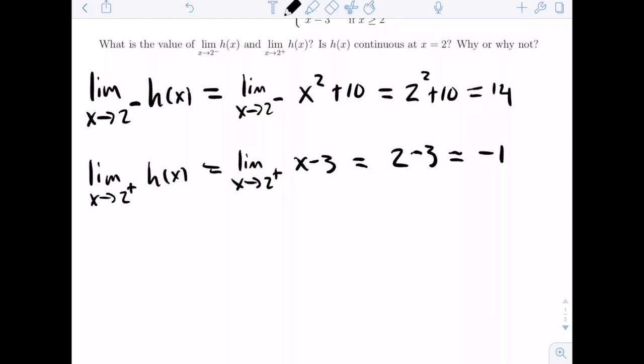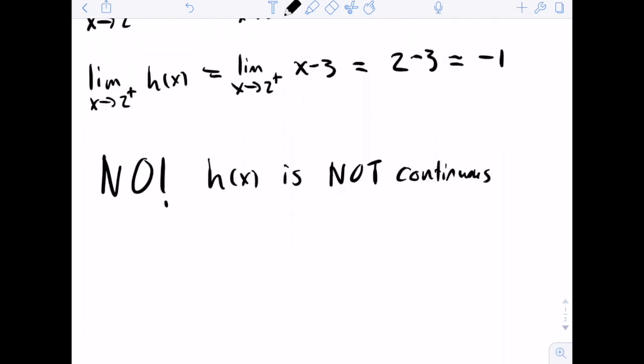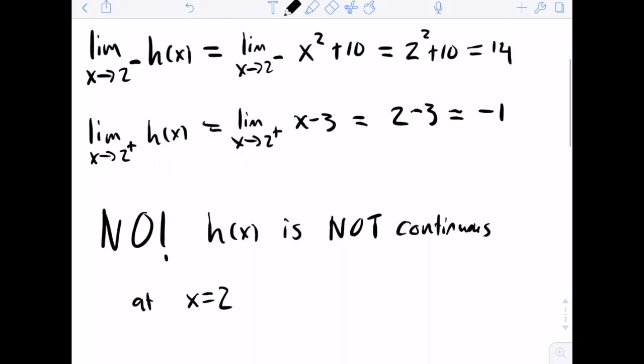So now the big question is: is h continuous at x equals 2? And the big answer is no. So no, h is not continuous at x equals 2. The reason why, you can see from the limits.